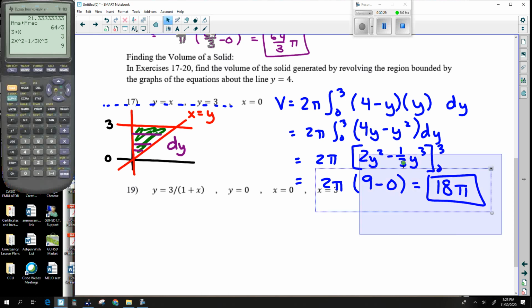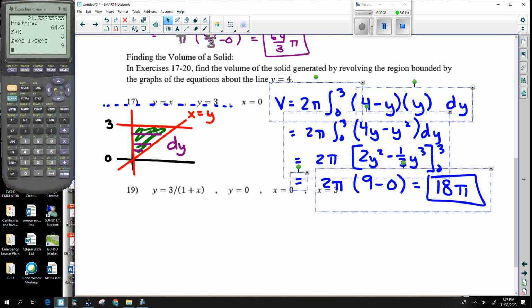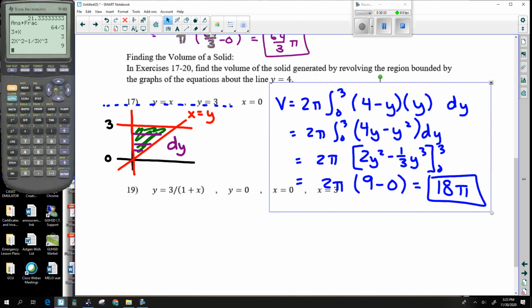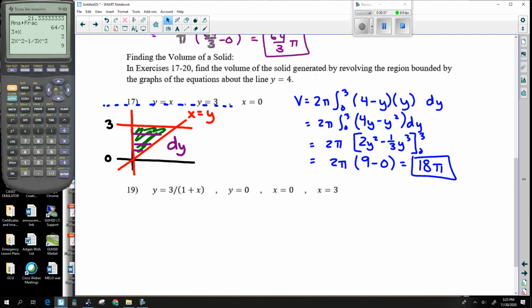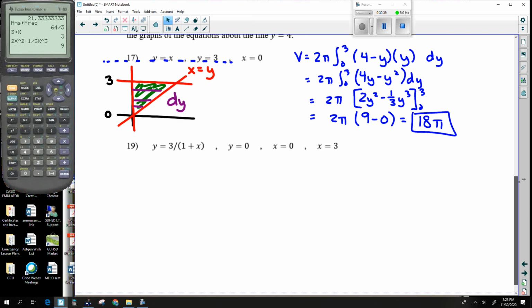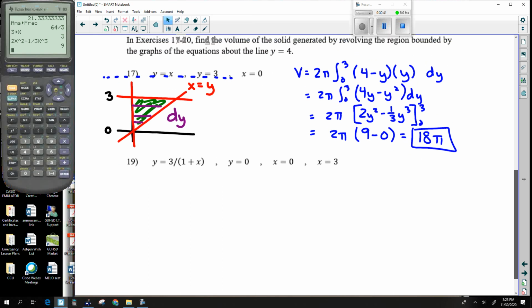This next one, I think, gets some LNs and stuff like that involved. So we'll see. I have no idea what this equation looks like, so I'm going to use my calculator to help me out. So I have 3 divided by 1 plus x. I'm assuming it's a swoopy swoop kind of graph.